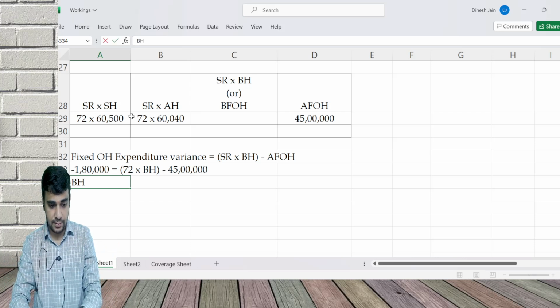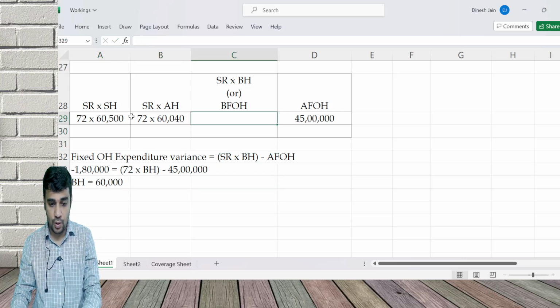What is the budgeted hours number? 60,000. So we are closed with all this part now.